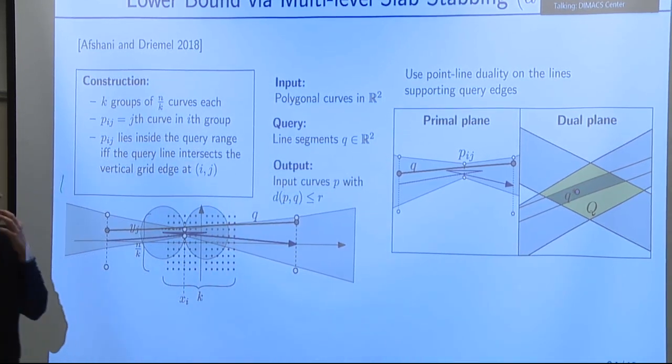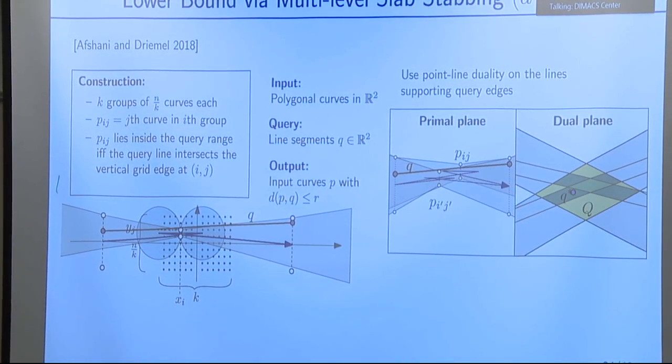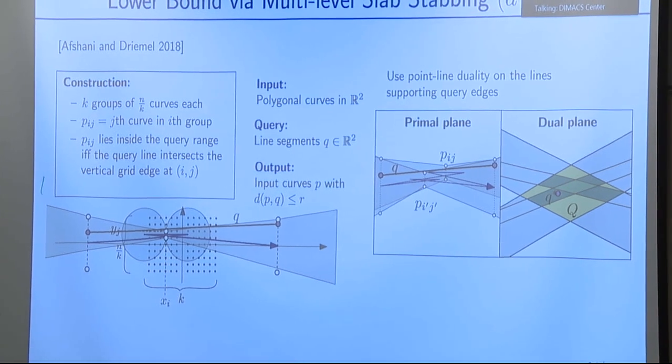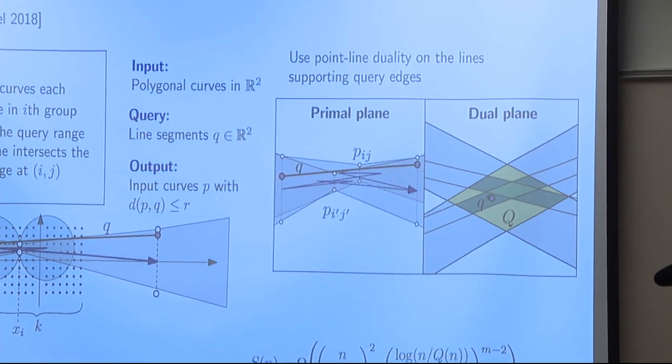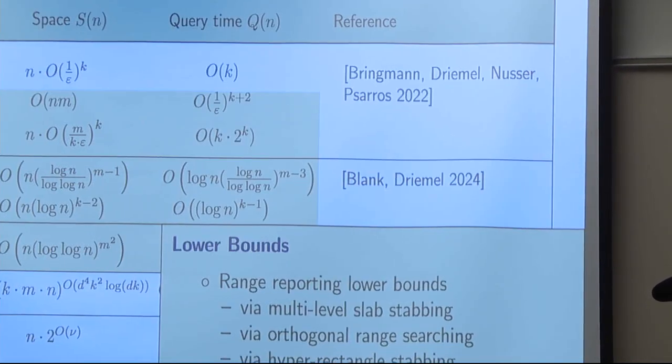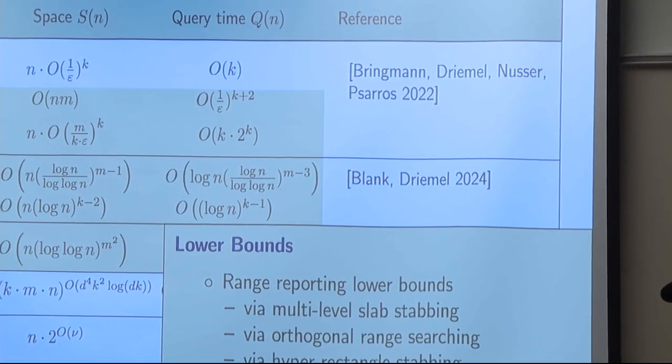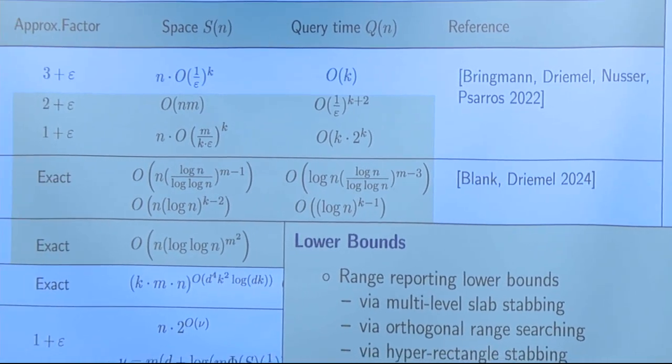So in the end we can still do the same construction, so we get the same bounds.